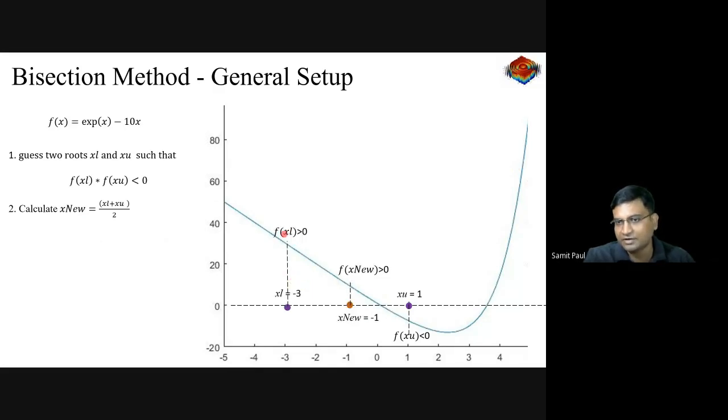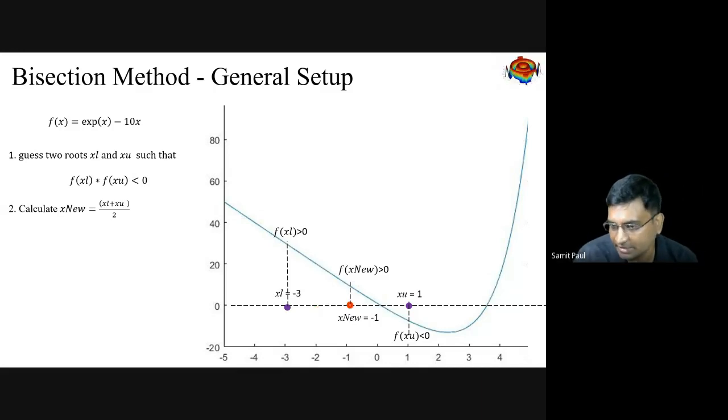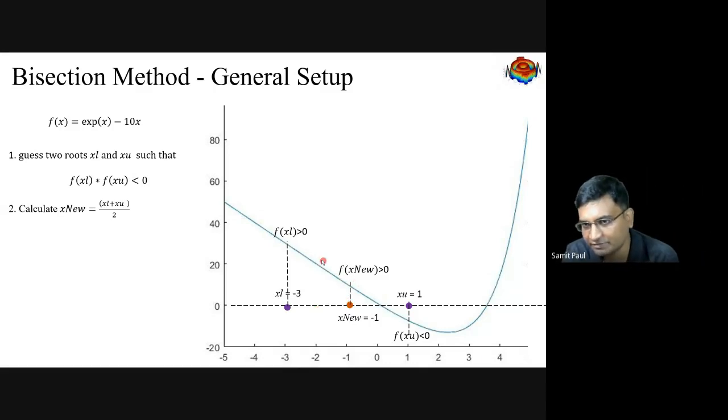We will calculate the product of XL and X new. If the product again is positive, that means these 2 points do not contain the actual root. Since we can see here f of XL and f of X new are both positive, the product of them will be a positive number.